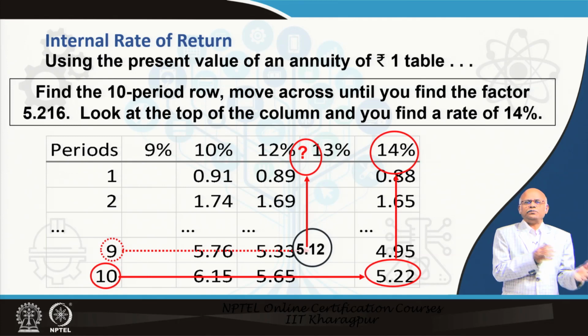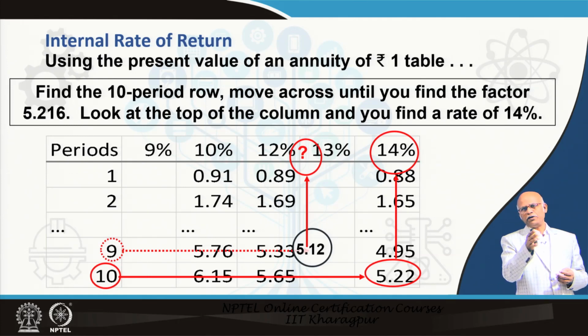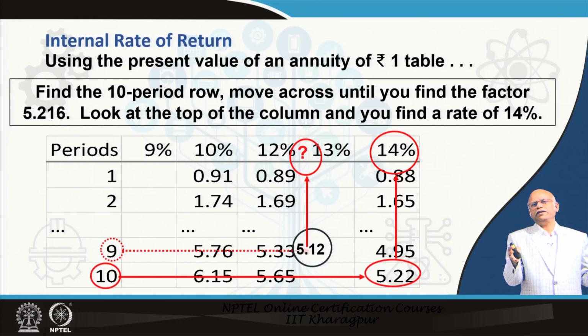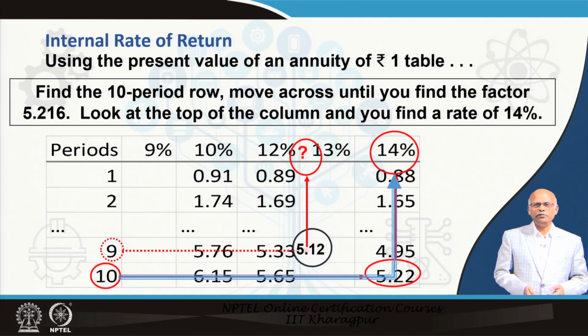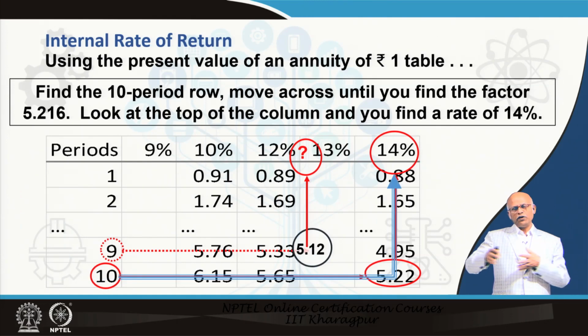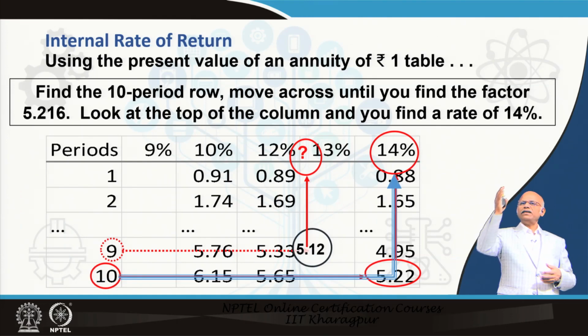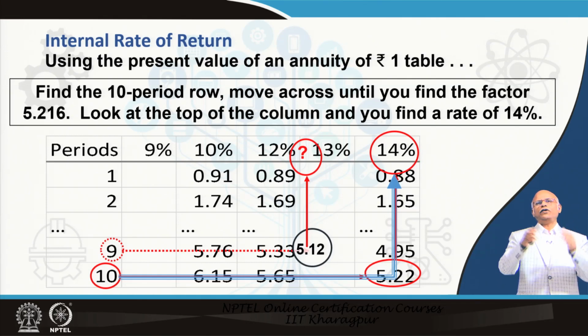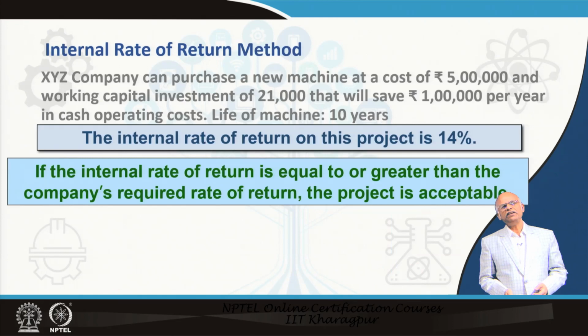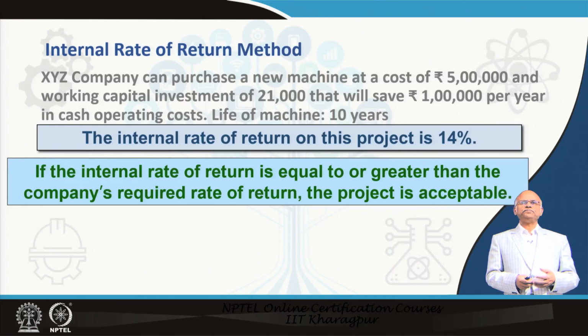So, you know that it is between 12 and 13%. Using the unitary method, you can decide at what place this interest rate will be. So, it is a movement to the right, then moving upward to find at what rate this business is returning. That is what internal rate of return is.